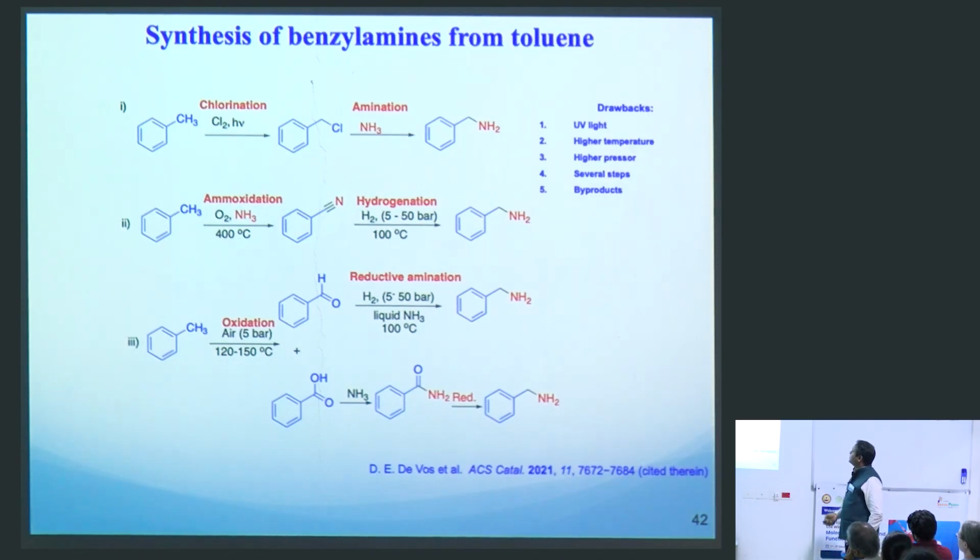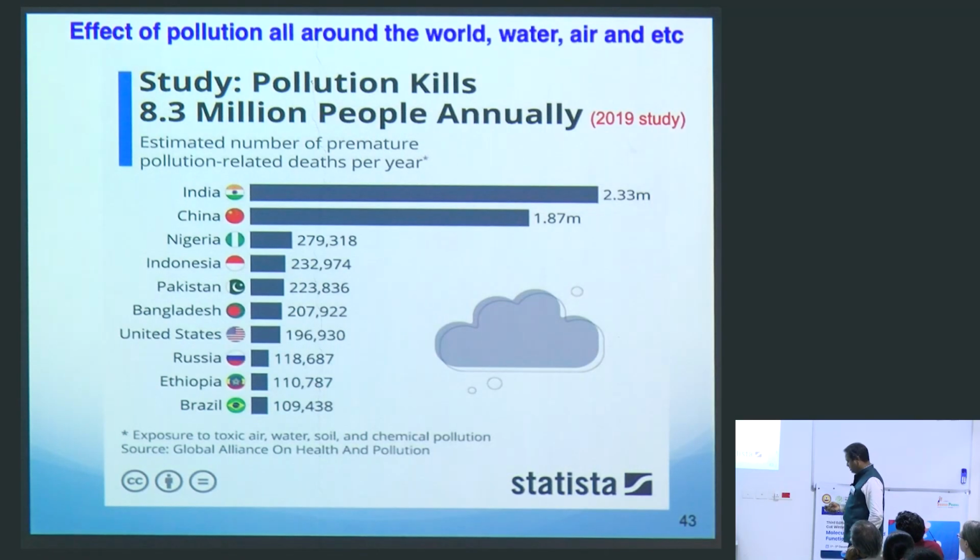But what are the drawbacks? They require UV light or higher temperature and higher pressure. If you look here, they used around 400 degrees Celsius and 5 to 550 bar pressure. For industries, very high pressure creates problems, as does higher temperature. But still industries are using these methods.